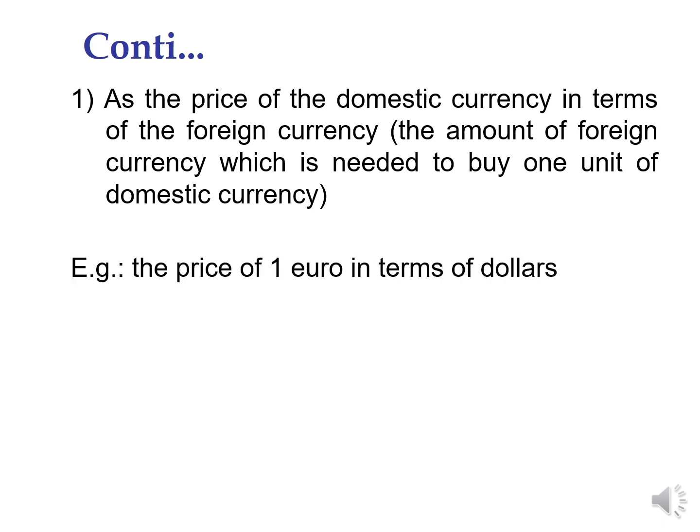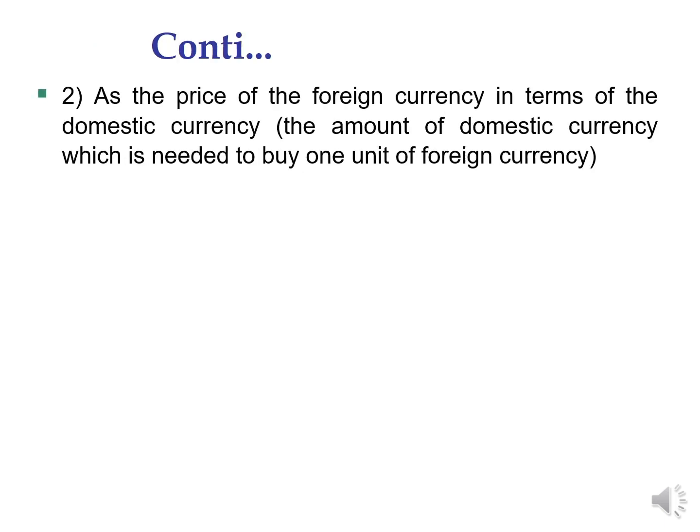For example, the price of €1 in terms of dollars. Number two, as the price of the foreign currency in terms of the domestic currency, the amount of domestic currency needed to buy 1 unit of foreign currency. For example, the exchange rate dollar per euro is equal to 1.